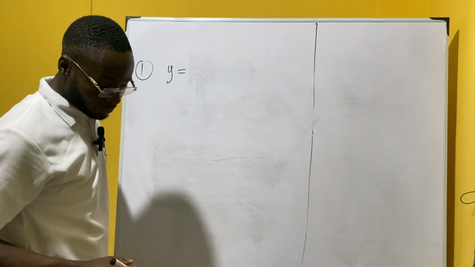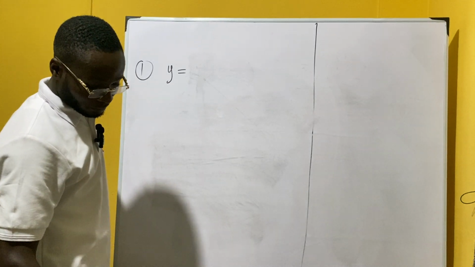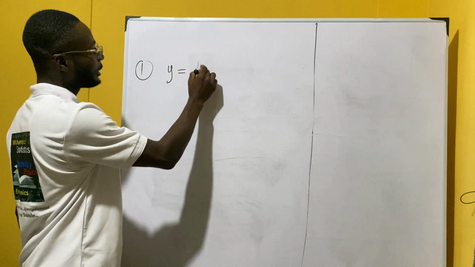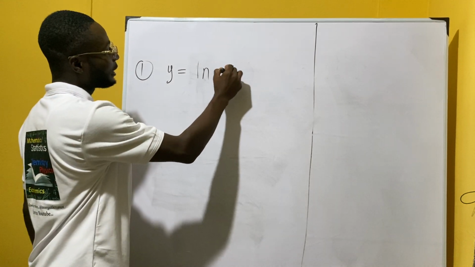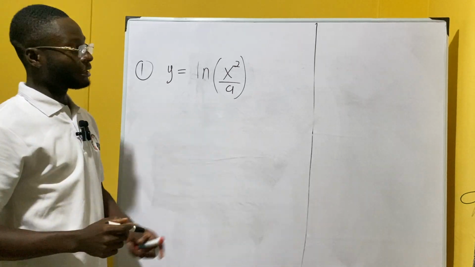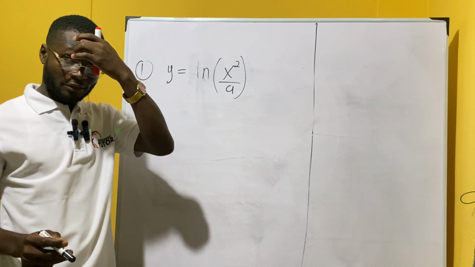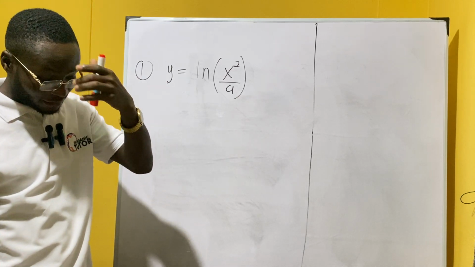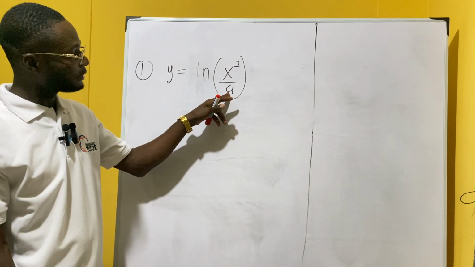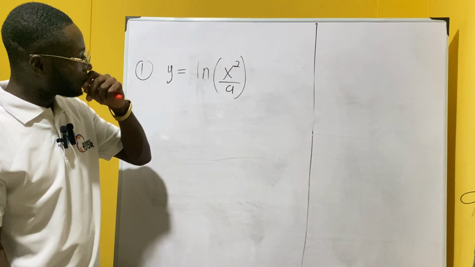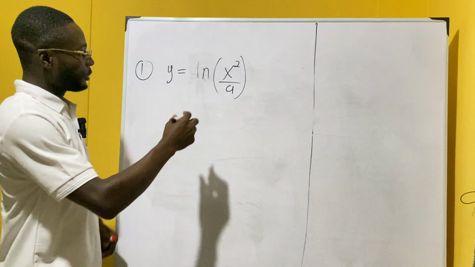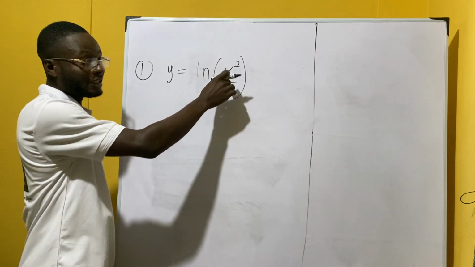So our next problem is going to be y equals ln of s squared over a. So this is the problem at hand. I want to find the derivative of it. Finding the derivative of this particular function, we all know that a is a constant. So we take 1 over the inner function.